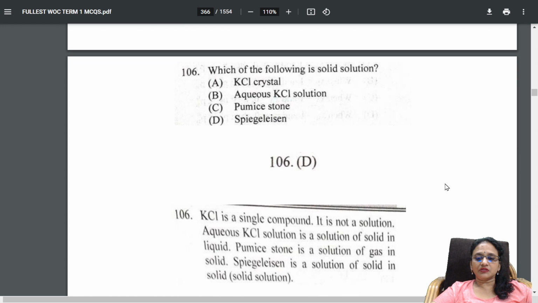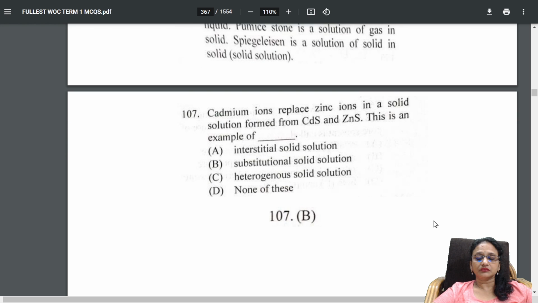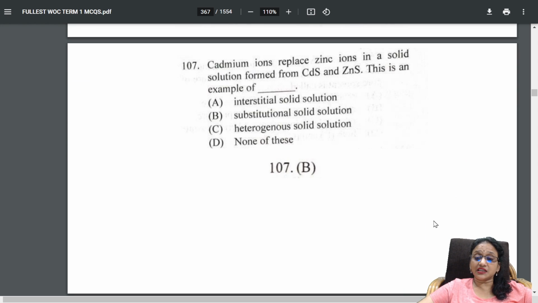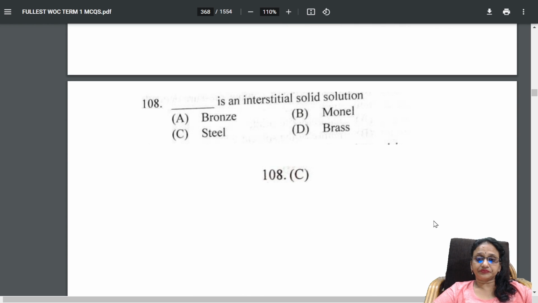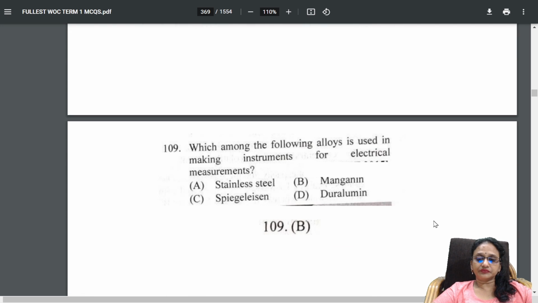This is the example of a solid solution. Explanation is given and the reason also is given below. Cadmium ions replace zinc ions in a solid solution formed from cadmium sulfide and zinc sulfide. This is an example of... This is a different type, an interstitial solid solution.